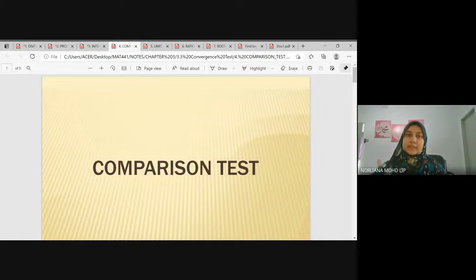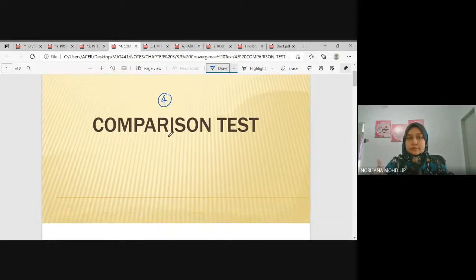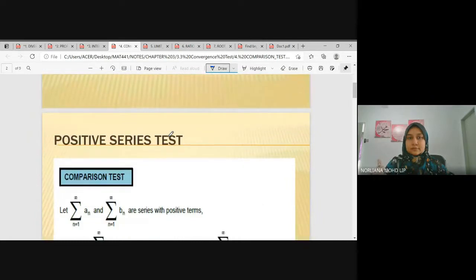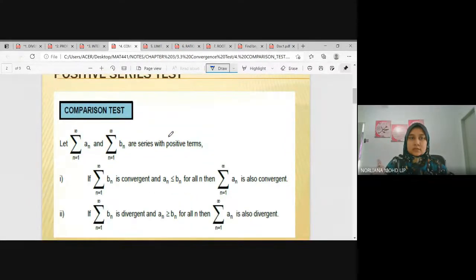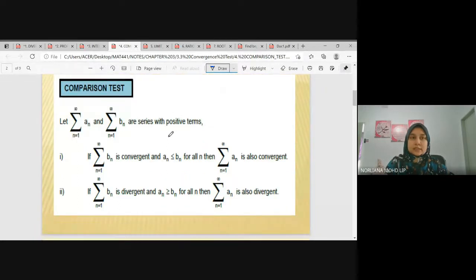The comparison test. The comparison test is also the positive series test. Okay, by using definition, comparison test, let the series of an where n equal to 1 until infinity and the series of bn where n equal to 1 until infinity are series with positive terms.